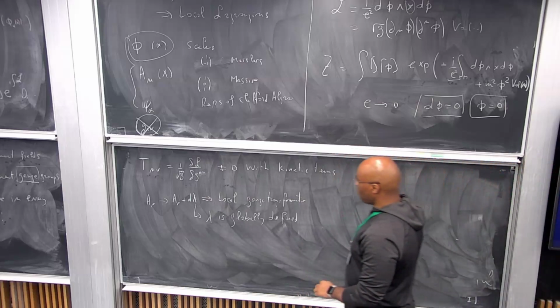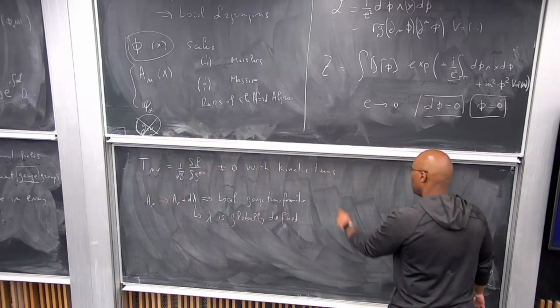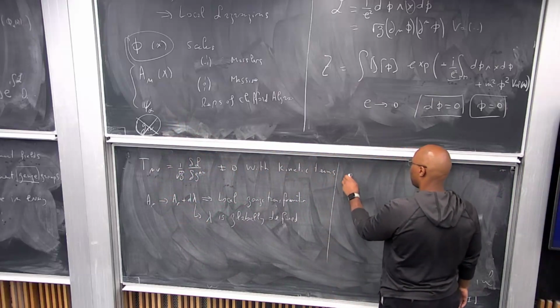So I can, for example, consider a theory which has a scalar and a gauge field. Here is an example of a Lagrangian for that.